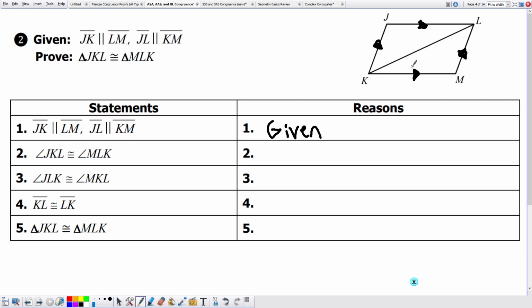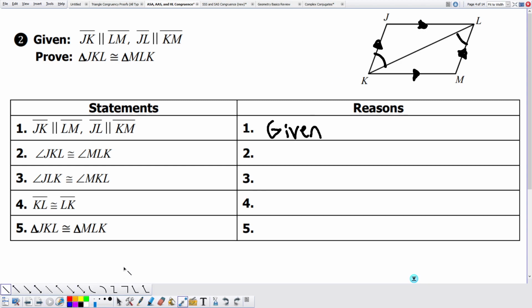So how can I establish the fact that angle JKL, this angle right here, is the same as angle MLK, this angle right here? Well, let's look at the parallel sides that we're working with.